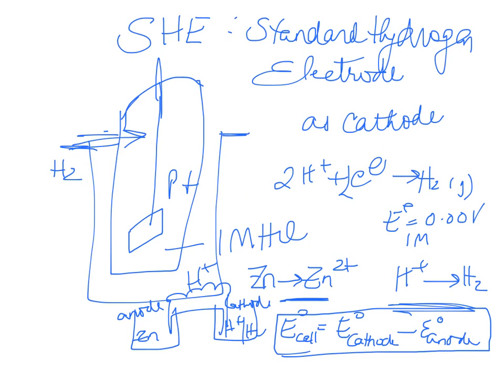So it's always final minus initial. Now, for this particular case, the measured value of 0.76. That means once these were hooked up, the measurement of the cell came out to be 0.76 volts.